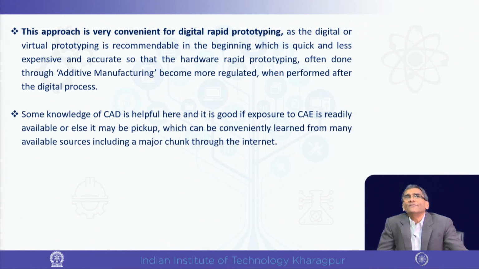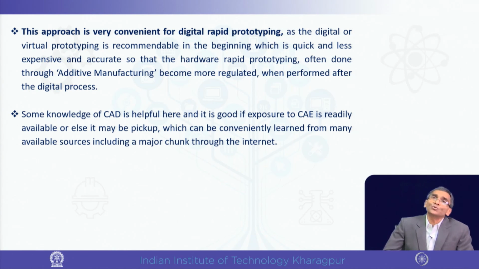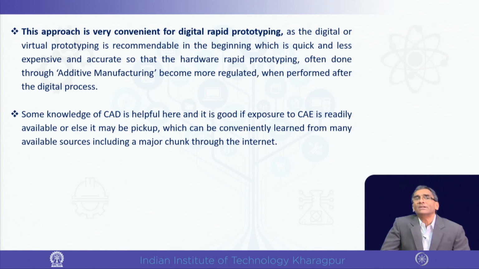This approach is very convenient for digital rapid prototyping, which I said I will come to, because rapid prototyping is absolutely essential ultimately to bring out the final product. And coming back to the initial discussion that we had, it has two parts.